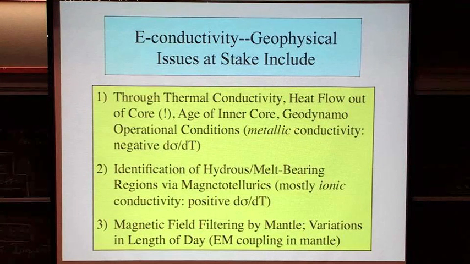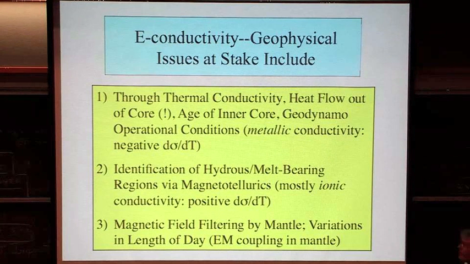That's all symptomatic of metallic conductivity, which is relatively high conductivity. It obviously has the operative charge carriers, the free electrons, or nearly free electrons within metals. That's characterized by a negative change in conductivity with respect to temperature.